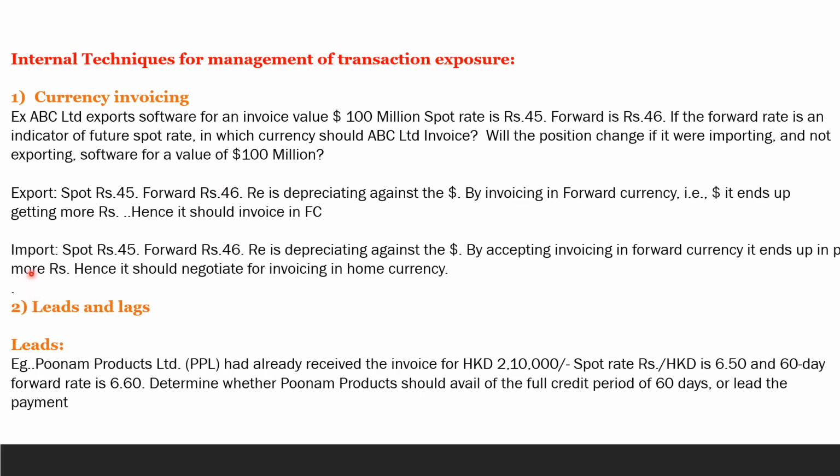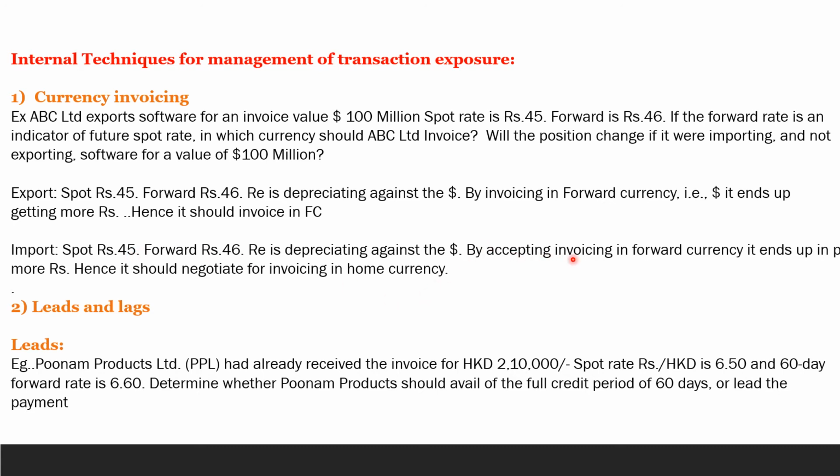Then let's see what will be the situation under import. The spot rate is 45. Again the forward exchange rate is 46. So here again there is a depreciation in the value of rupee against US dollar.